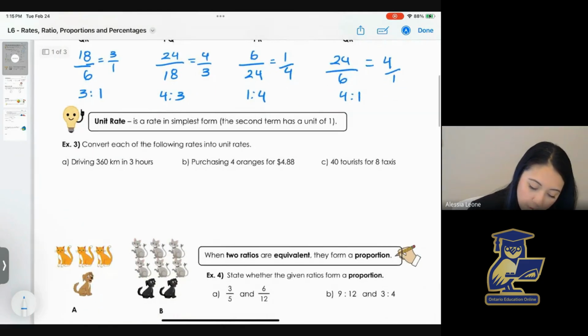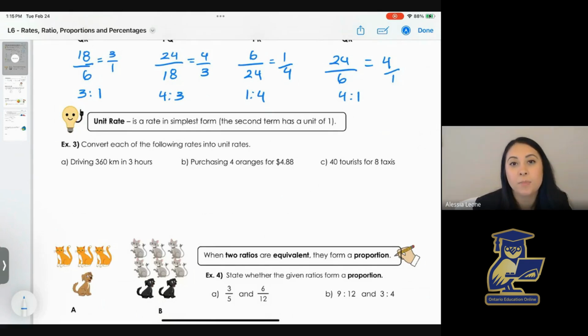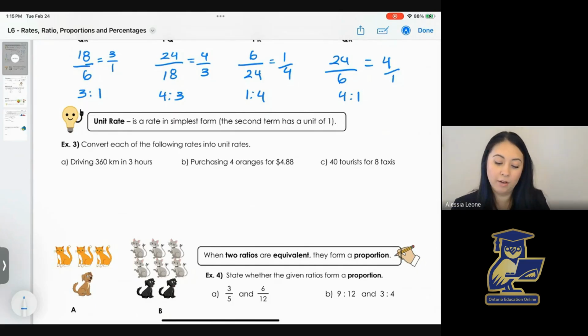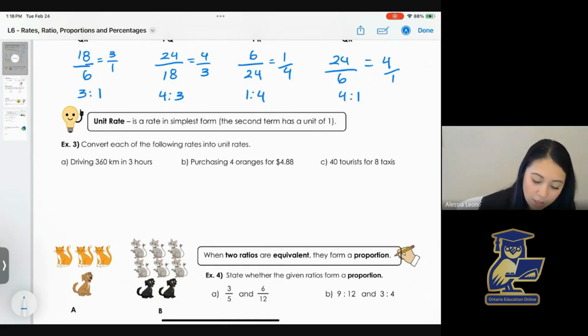Moving on to rates, our definition by the light bulb. Unit rate is a rate in simplest form. The second term has a unit of 1. So in the first example of driving, this will be very familiar. It says driving 360 kilometers in 3 hours. We want to know how many kilometers could you drive in 1 hour? We're finding the rate of that speed.